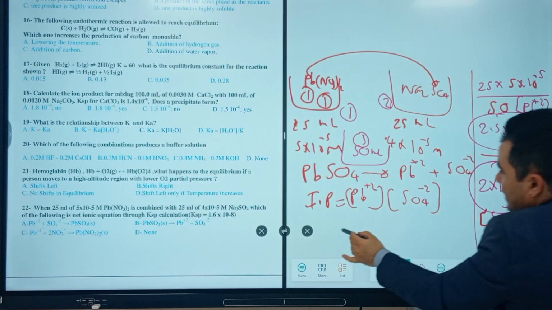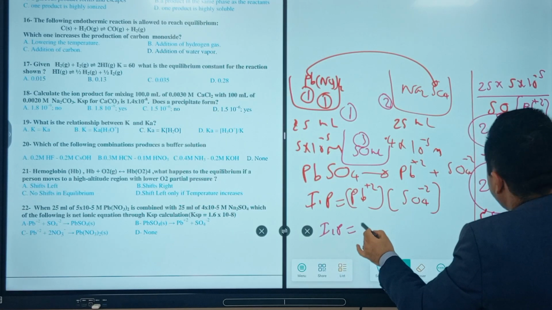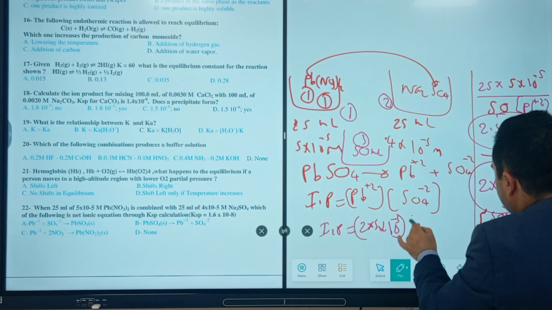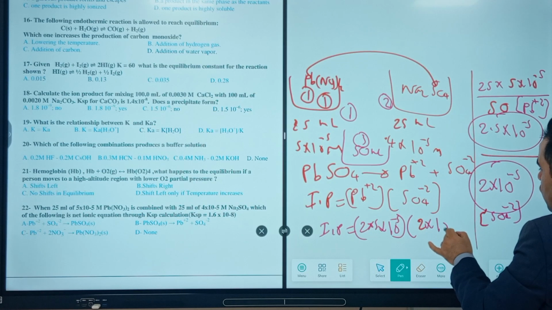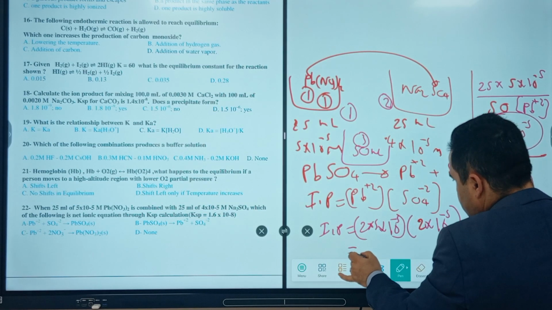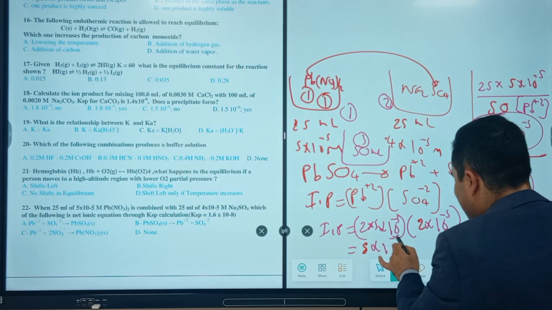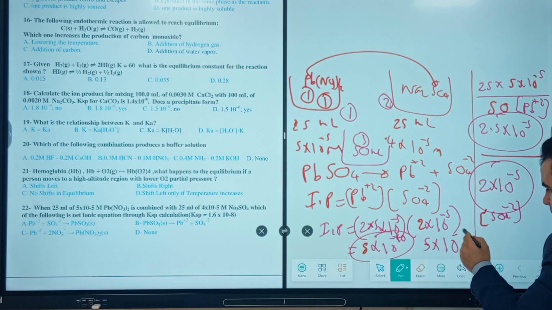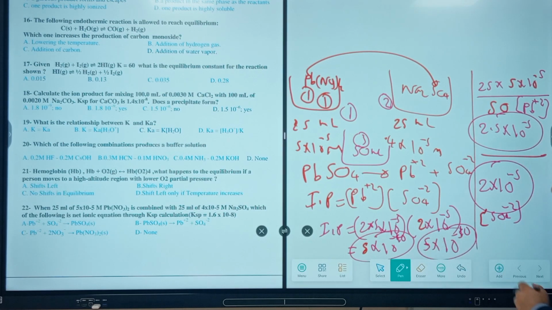We have to multiply these two to get the IP. IP is equal to 2.5×10^-5 multiplied by 2×10^-5, which is equal to 5×10^-10.